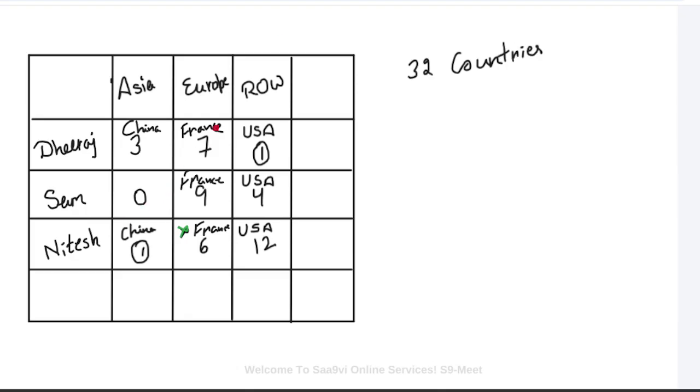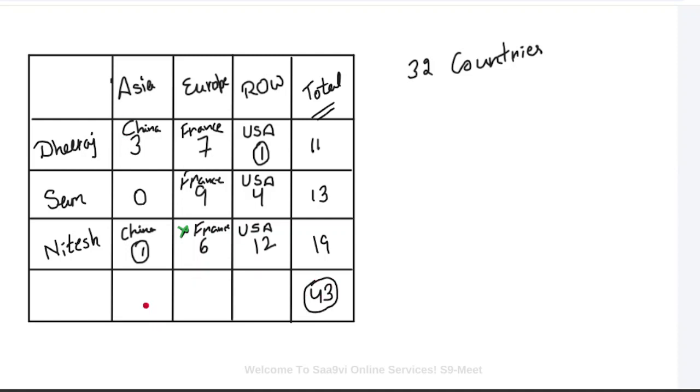In total, we can say if we talk about Dheeraj, he has visited 3 plus 7, 10 plus 1, 11 total countries. Sam has visited 13. Nitesh has visited 1 plus 6, 7, 7 plus 12, 19. So the total comes out to be 43.